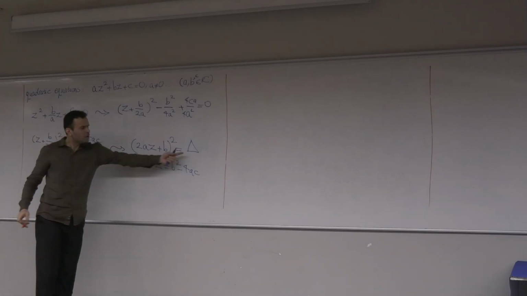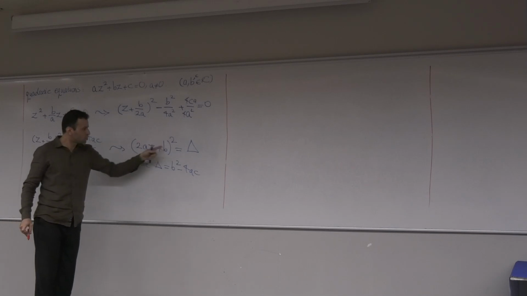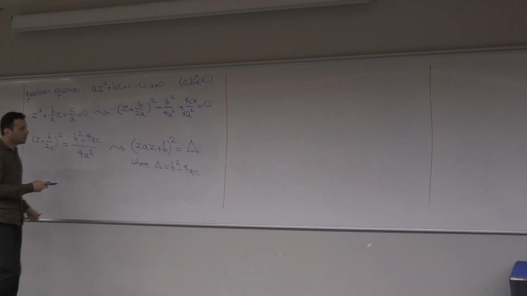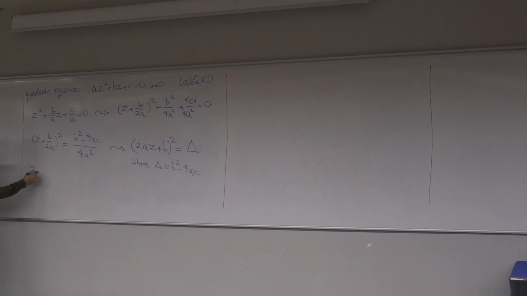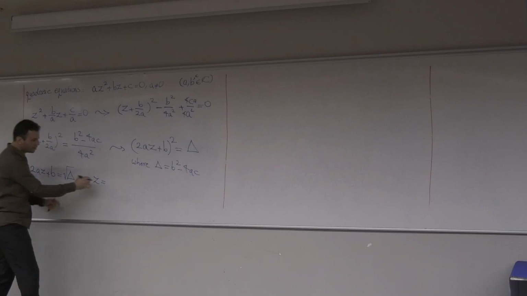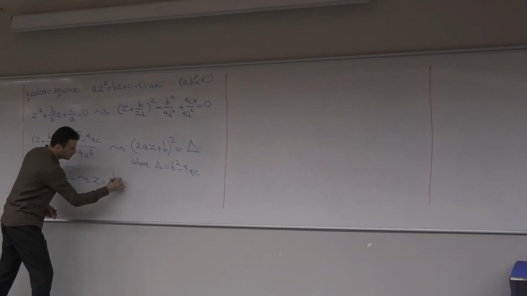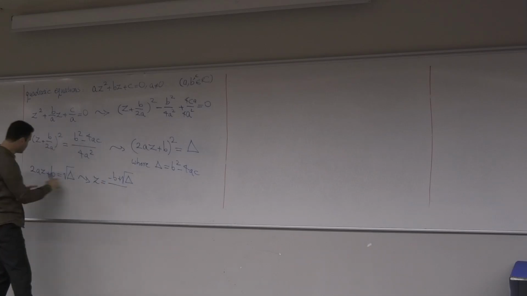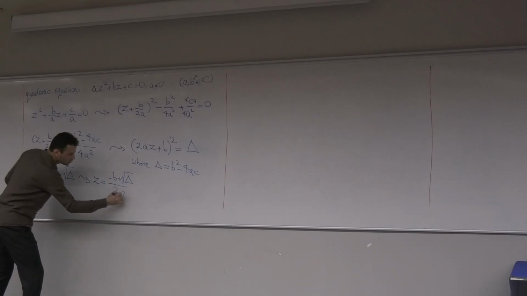Anyhow, if we take complex square roots of both hand sides, what do we have? 2az plus b equal to square root of this delta. And this is the complex square root actually. From here, what is our z? Minus b plus square root of delta divided by what? 2a.